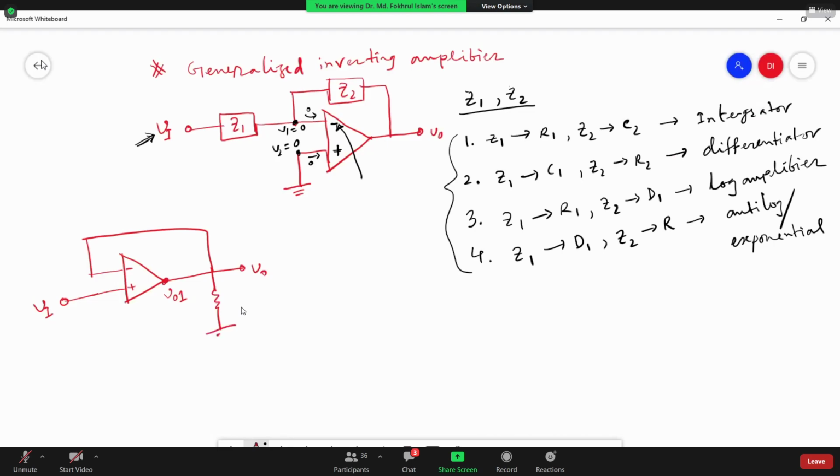Here is the RL load and current IL, and then if we provide a simple diode here, then it will behave like a half wave rectifier, and its corresponding voltage transfer characteristic looks like this one.